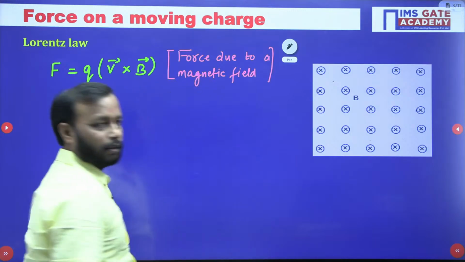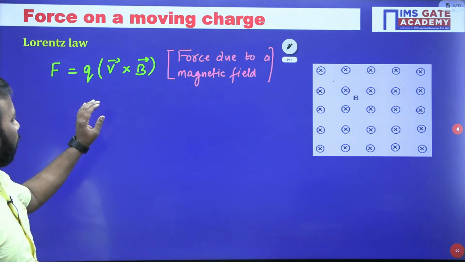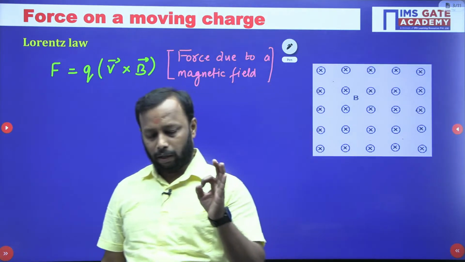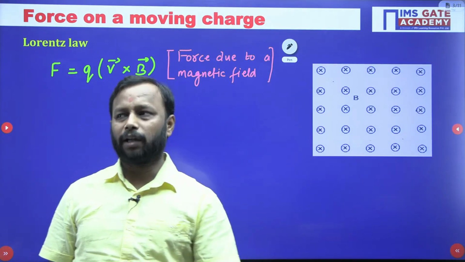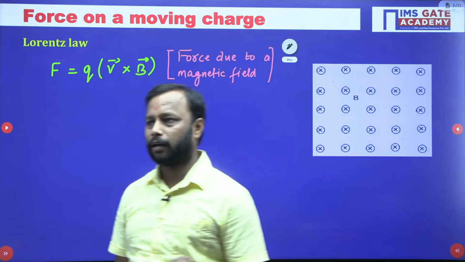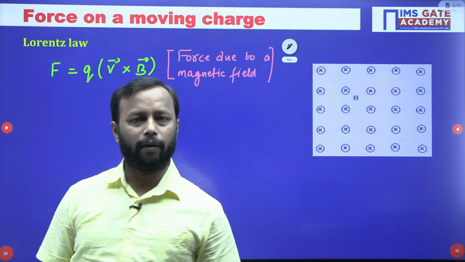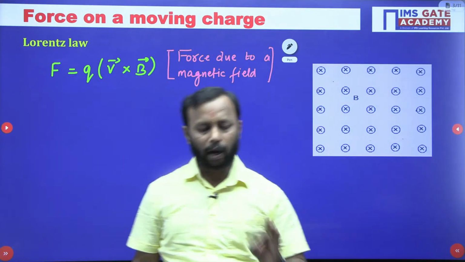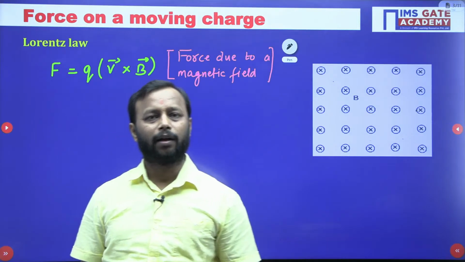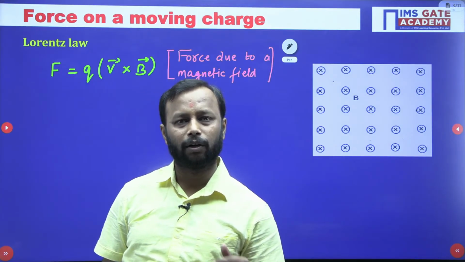Now we know that the force can be generated not only by the magnetic field, it can also be generated by the electric field. If a charge or a conductor is placed in an electric field, then also it experiences a force.